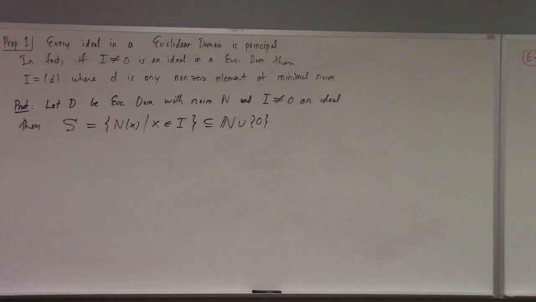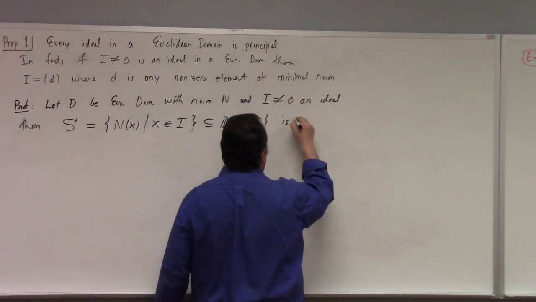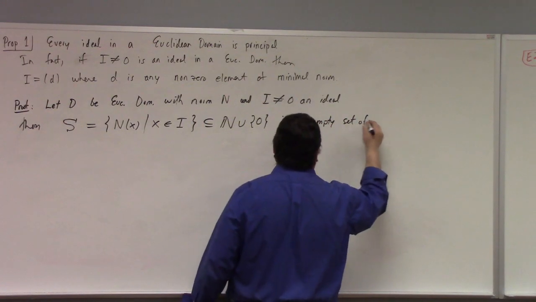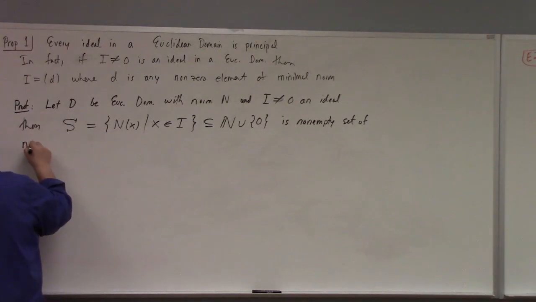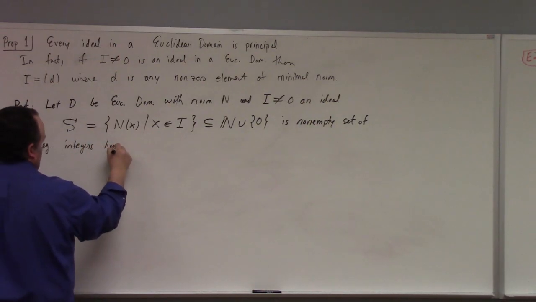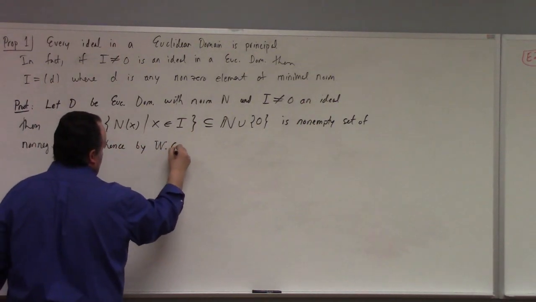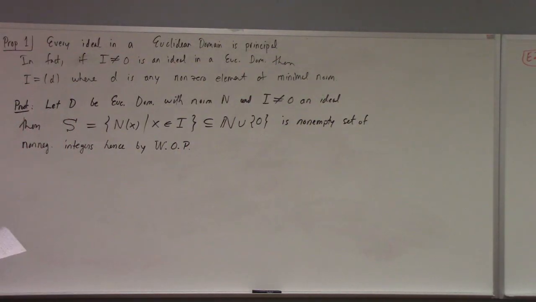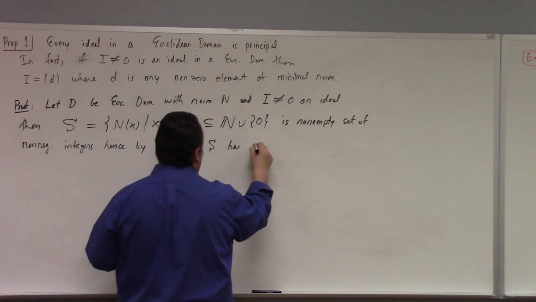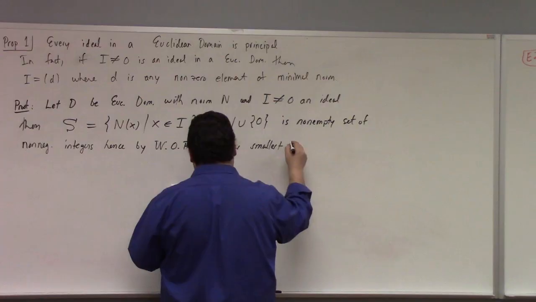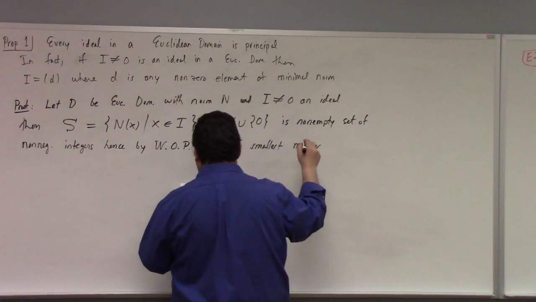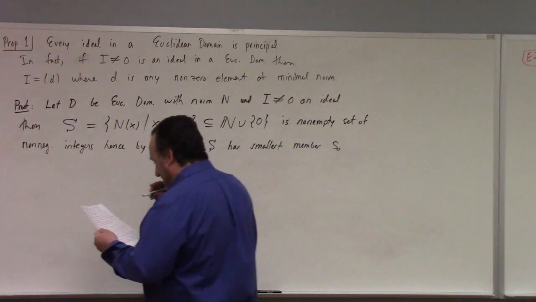Therefore, it has a what? Hence, by the well-ordering principle, S has a smallest member, s naught.